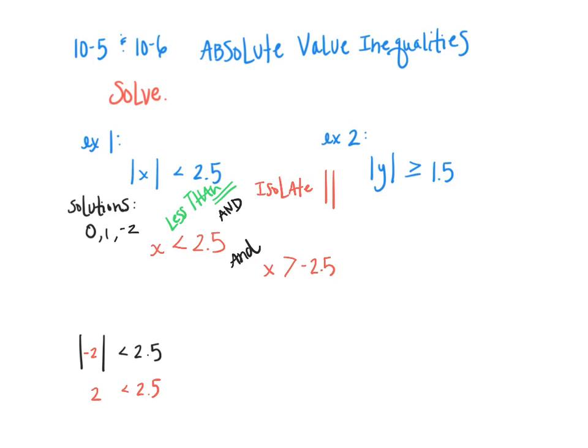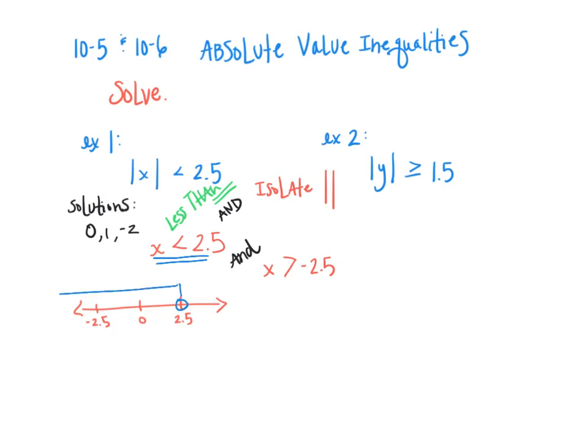So these are the two inequalities that will always be true, and you'll see the pattern that we continue to look at. Let's graph that really quickly to see if it matches our solutions. Here's 0, here's 2.5, and here's negative 2.5. For my first inequality, I would have an open circle at 2.5, and shade things like 0, negative 2, positive 1.